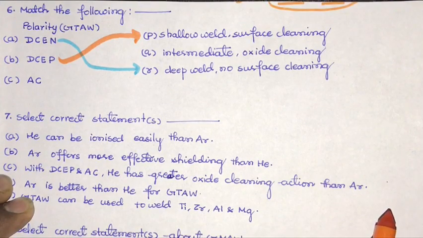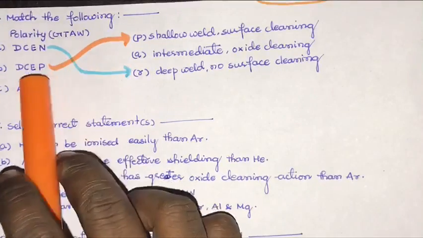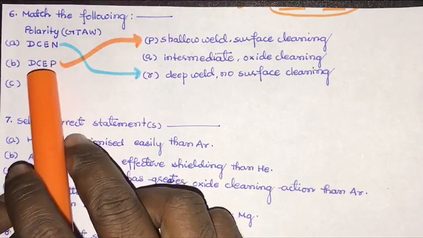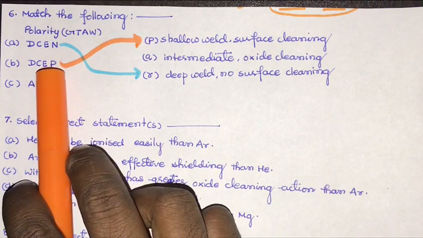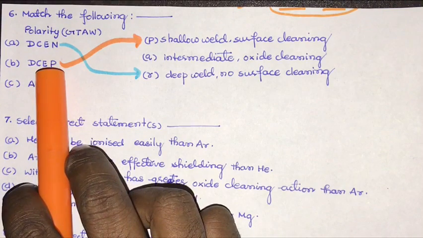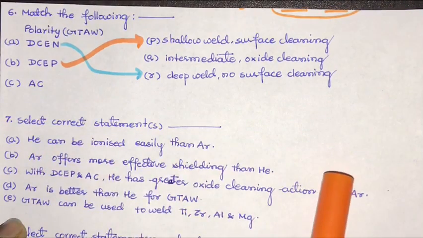Coming to the next, AC, and this is the alternating current. And this type of polarity, that is DCEP, direct current electrode positive, is used for the metals in which deep penetration is not required.